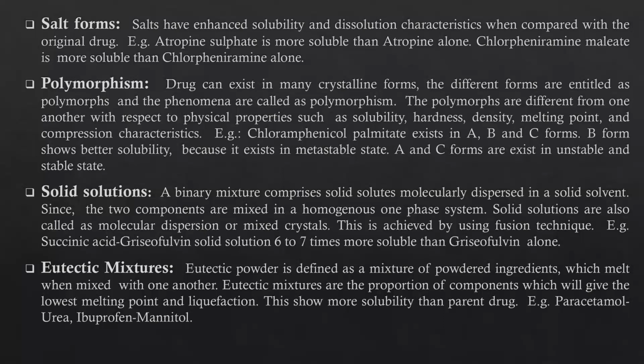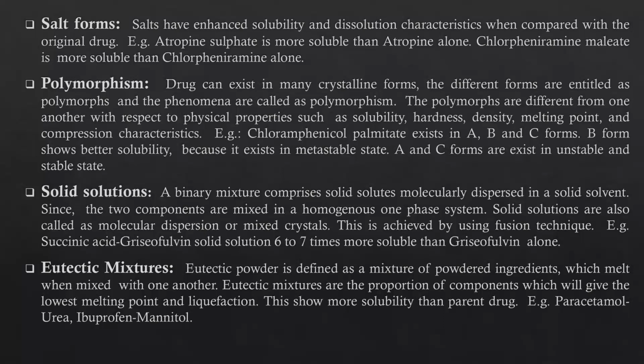Next method will be the solid solution. A binary mixture which comprises a solute molecularly dispersed in a solid solvent. This binary mixture comprises a solid solute molecularly dispersed in the solid solvent, and these two components are mixed homogeneously in one phase.